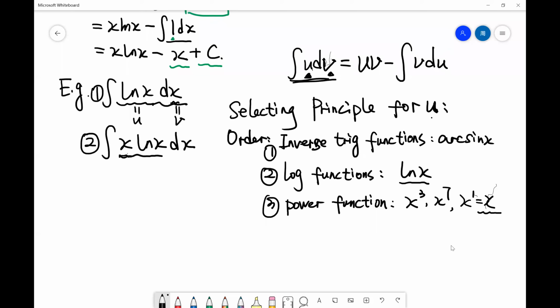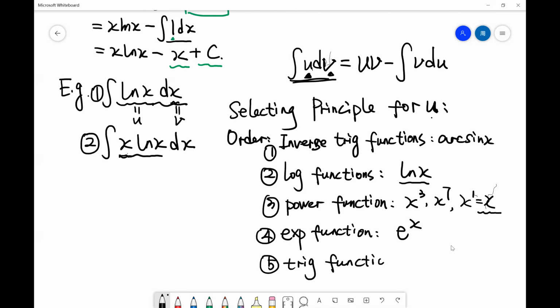Number four is the exponential function, which we usually use as e power x. And the last one is trig functions, for example sine x, cosine x, tangent x, secant x, and so on.